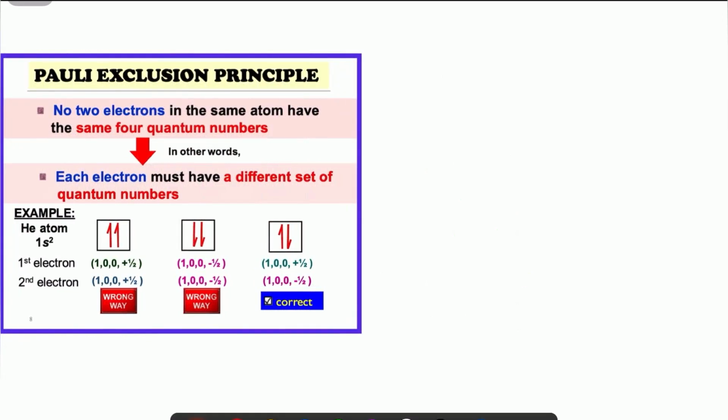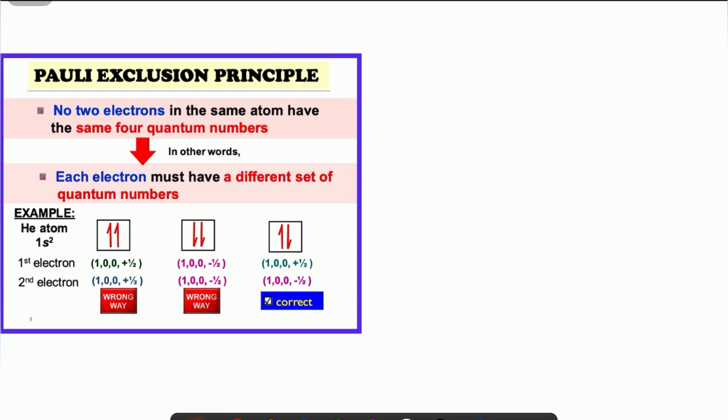okay, second rule to use in writing the electronic configurations is the Pauli exclusion principle. So it says that no two electrons in the same atom can have the same 4 quantum numbers.